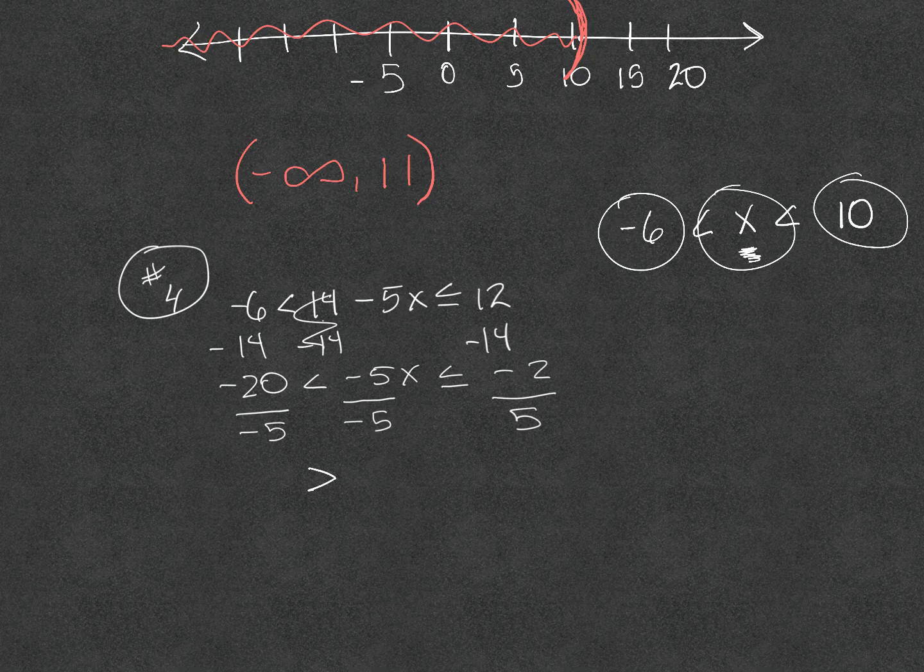So when I go to rewrite this, I need to be mindful that it needs to be flipped. Negative 20 divided by 5 gives me a positive 4. And this is removed. I finally have x by itself. And I have a negative 2/5 here.